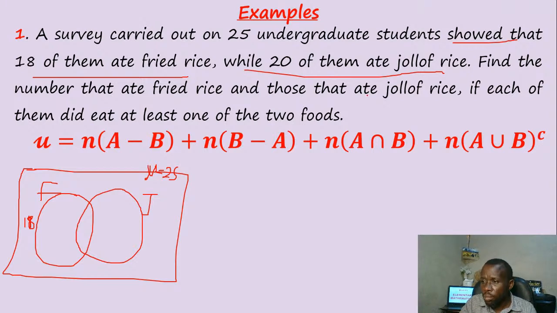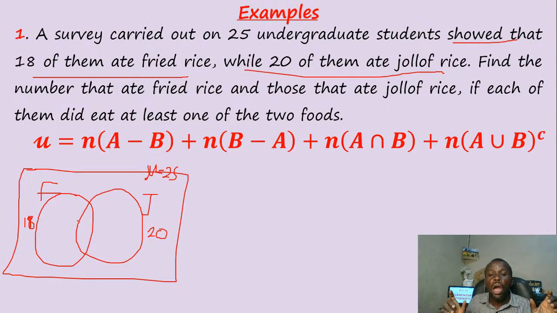So I'll put the 20 outside. Since some students sneaked out after eating fried rice to eat jollof rice, and those eating jollof rice still tried to collect fried rice again, there's a kind of sneaking there.